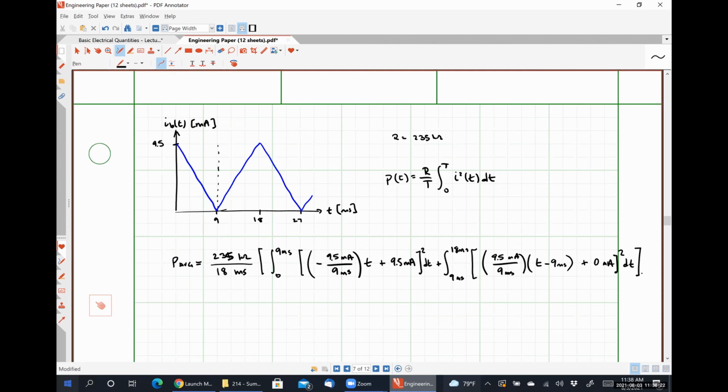Now, the informal way to do this would be to recognize that when I integrate the square of this area, it is exactly the same as the square of this area.